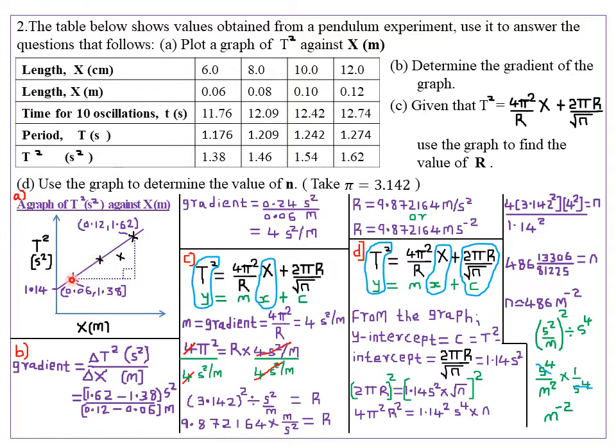So if there are 4 points, make sure that you plot all the points, regardless of whether they fit, then of course you draw the line of best fit, which passes through most of the points, like for this case at least 3 points.